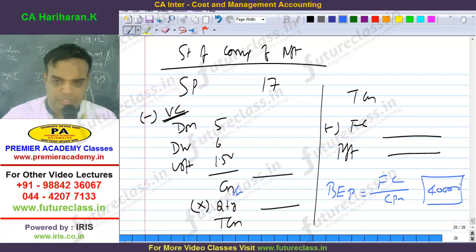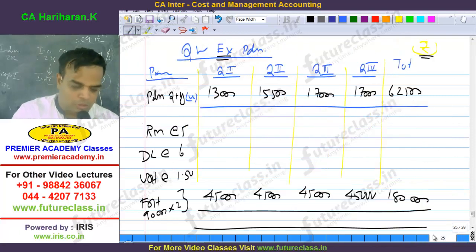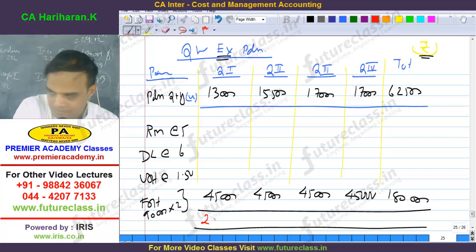BEP 40,000, got it? How many of you got 40,000? Total for the first quarter, how much? Check it out. 2 lakh 7,500.